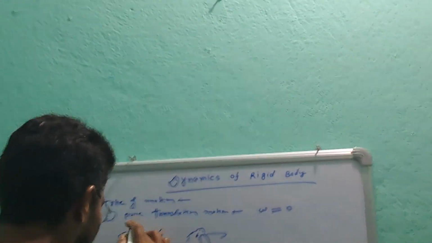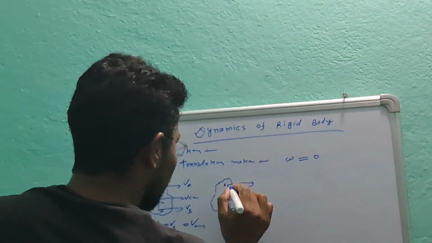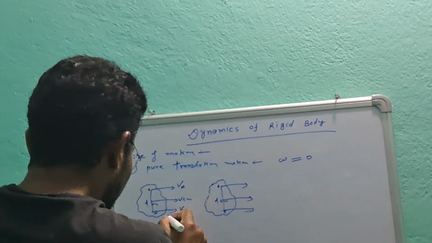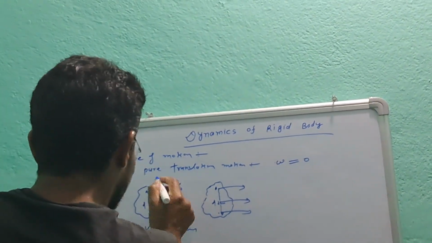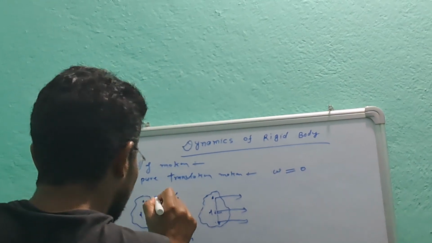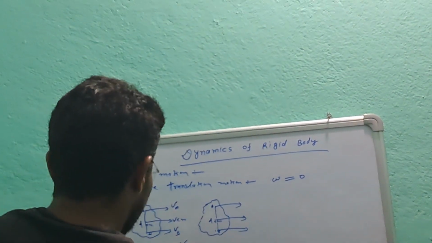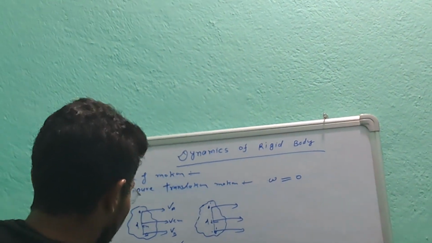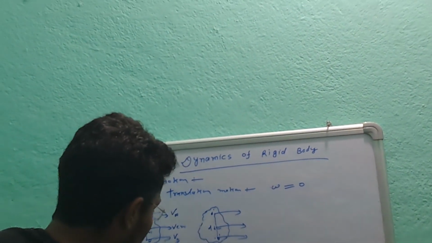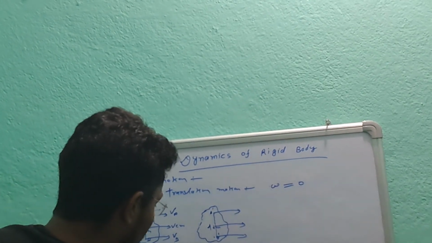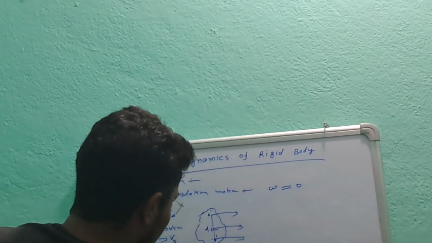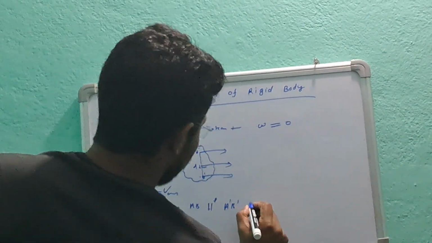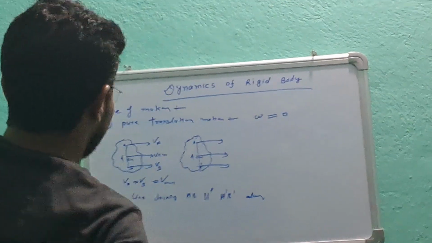This is the line joining points A and B. So after the translation of the rigid body, from this to this, the line joining AB is always parallel to A dash B dash.